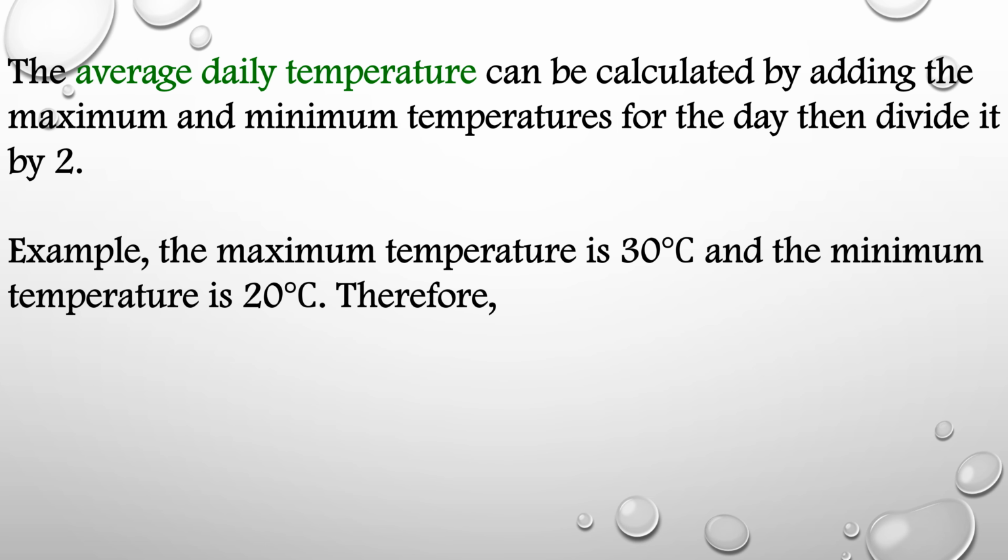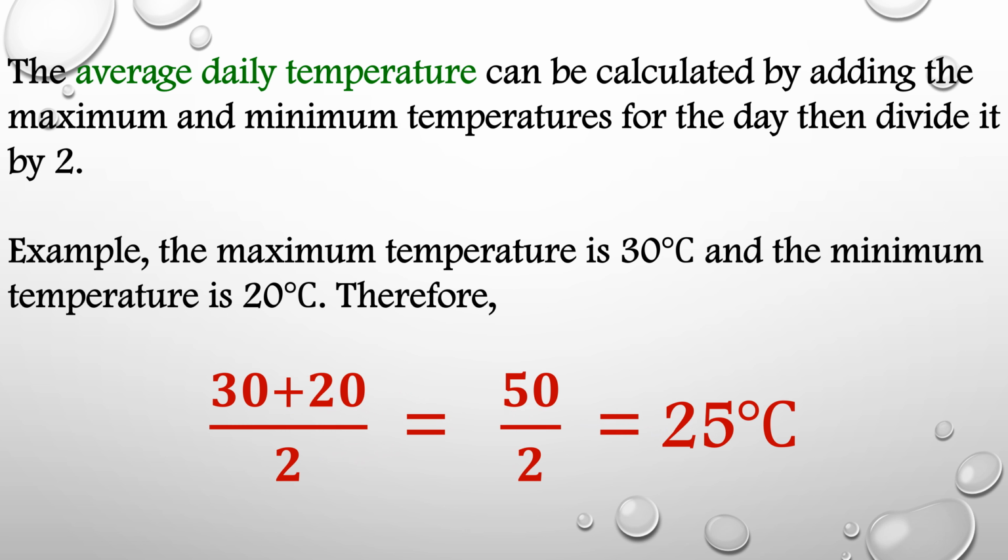To do this, we just simply add 30 degrees Celsius to 20 degrees Celsius, all divided by 2. Why 2? Because there are 2 temperatures being considered here, the maximum and the minimum.